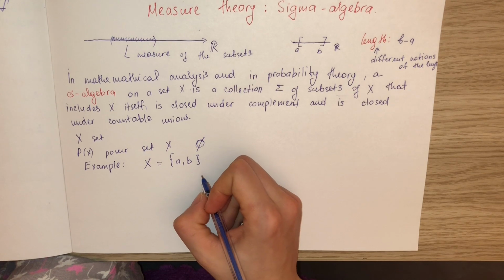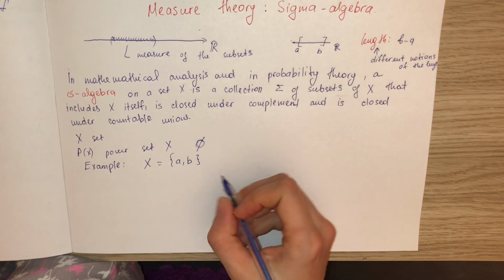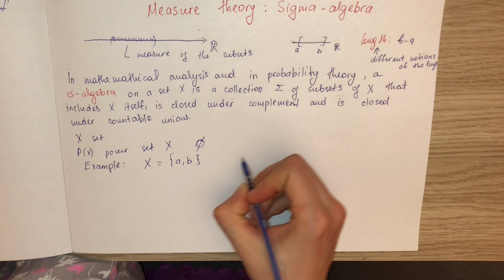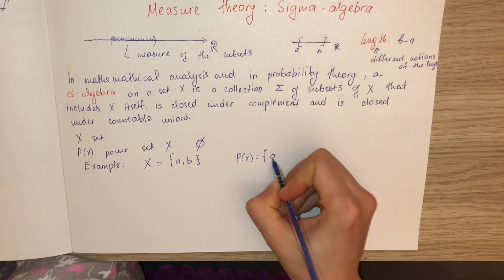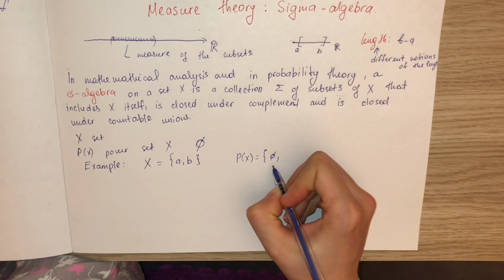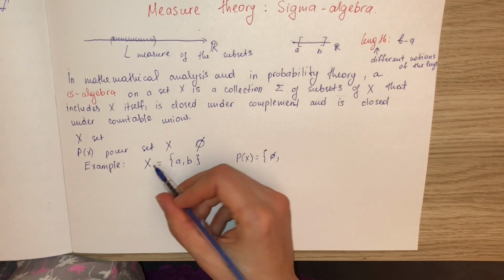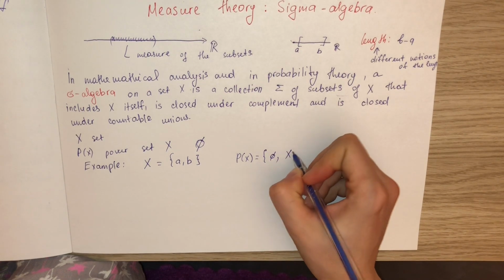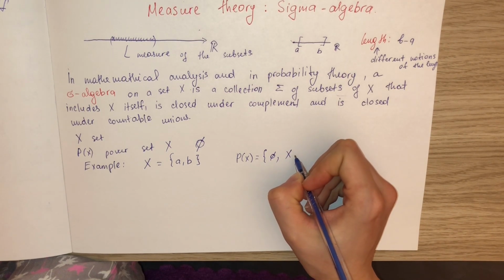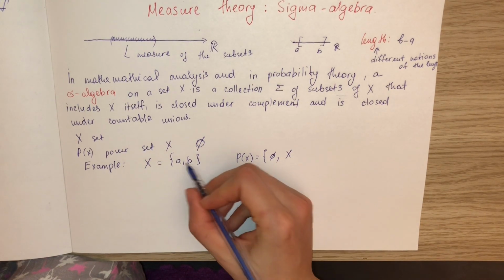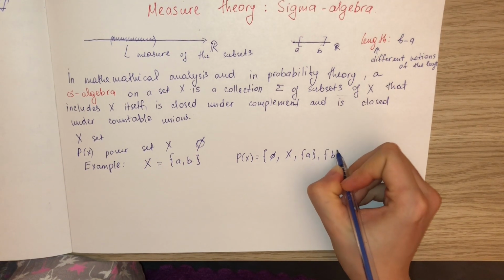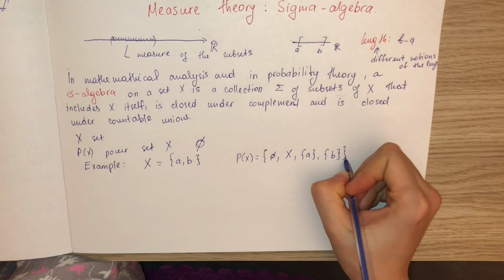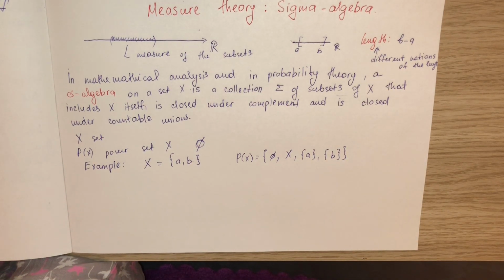The empty set is always a subset of the set, as I mentioned. So the power set of X is the empty set, and X itself, the set itself, also a trivial subset. And these elements {a} and {b} are also subsets.